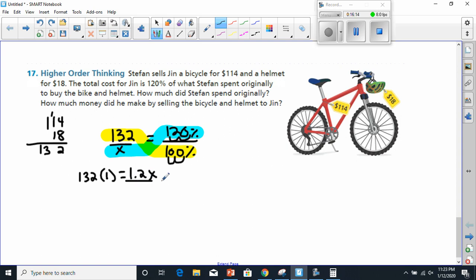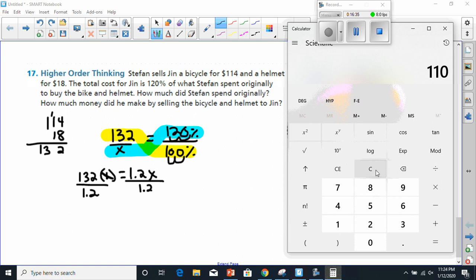That means I've got to divide 1.2 away. Of course, whatever I divide from one side, I divide from the other. I really don't have to multiply this by 1 because I already know it's going to give me 132 regardless. Now I take 132 and divide it by 1.2, which gives me 110. So x has to equal 110.